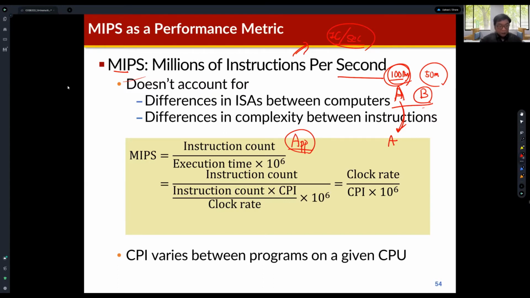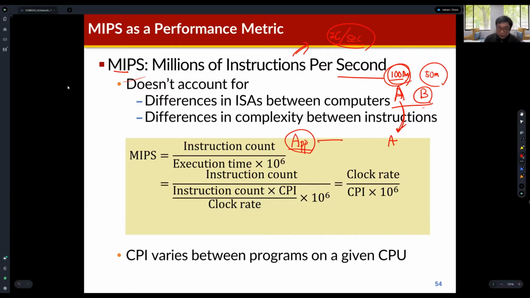And in order to execute this application, we need to compile it. That means the code written in a high-level language is translated into machine code, right? So that means instructions.